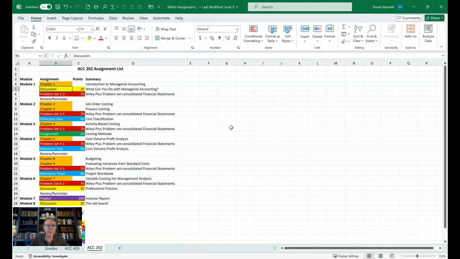So you can see again, we have the different 8 chapters to read. We have problem sets. We have discussions. We have milestones. And then we have a project at the end, and this project is going to take some effort. Well, it's 20% of your grade, so you would expect that it's going to take a little time.